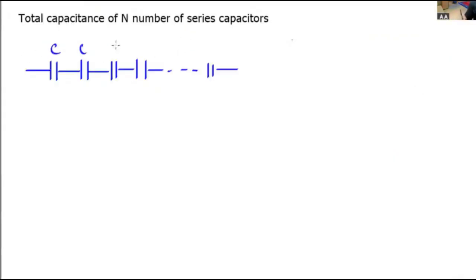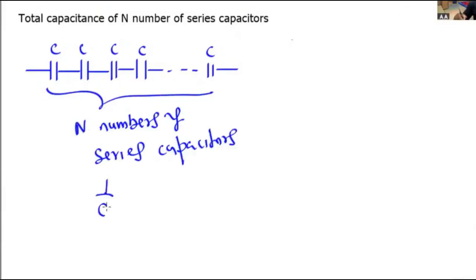Next, total capacitance of n series capacitors. The capacitance of each capacitor is equal, that means identical. Here there are n series capacitors. Then the total capacitance is 1 over C total equal to 1 over C plus 1 over C plus 1 over C. How many 1 over C's? There should be n of them.